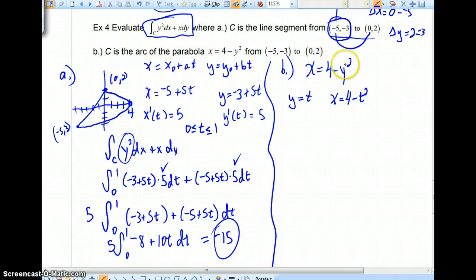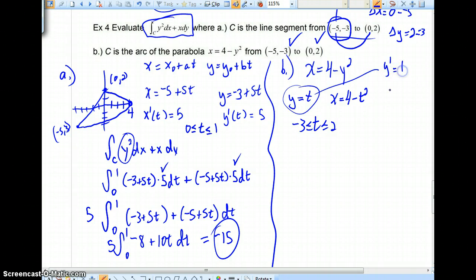Now, if x would equal t, you'd have a lot more difficulty solving for y. If y is equal to t, then we know that t is going to go between -3 and 2. Well, we could also quickly see that y prime would be 1 and x prime would be -2t.